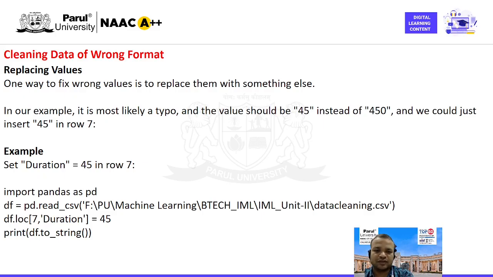The value should be 45 instead of 450, and we could just insert 45 in row number 7. How can we insert it? There is a way to fix these wrong values: set the duration equal to 45 in row number 7 in your data set.